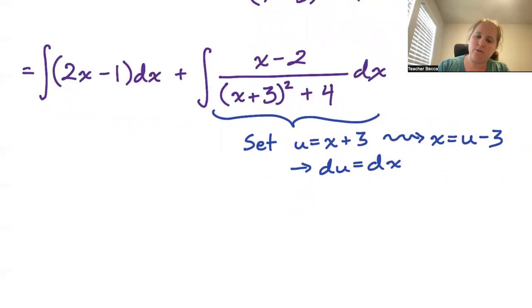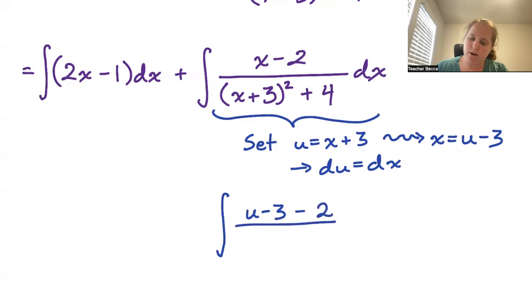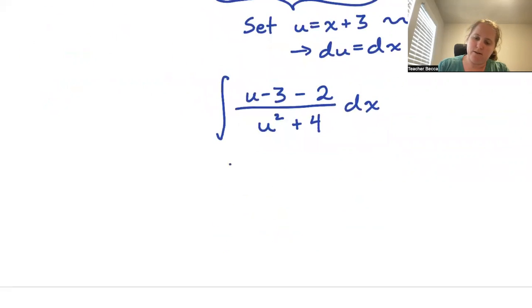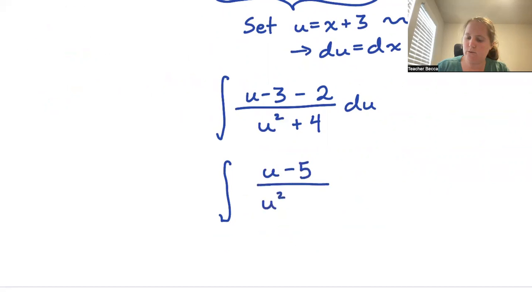And so this integral becomes the integral of x, which is u minus 3, so we have u minus 3 and then minus 2 divided by u squared plus 4 du, or the integral of u minus 5 over u squared plus 4 du. I keep writing dx.